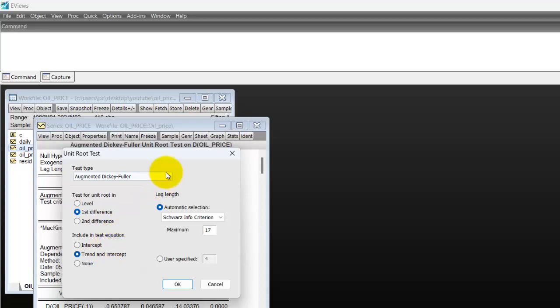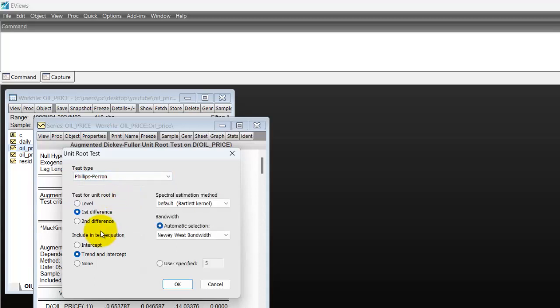So let us go for the PP unit root test so that we can be sure of the level at which oil price is stationary. Now you go to test type, then you click Phillips-Perron, that is the PP unit root test. We want to make use of that.